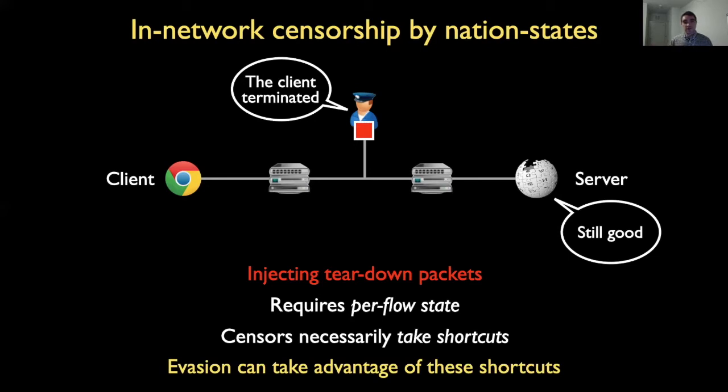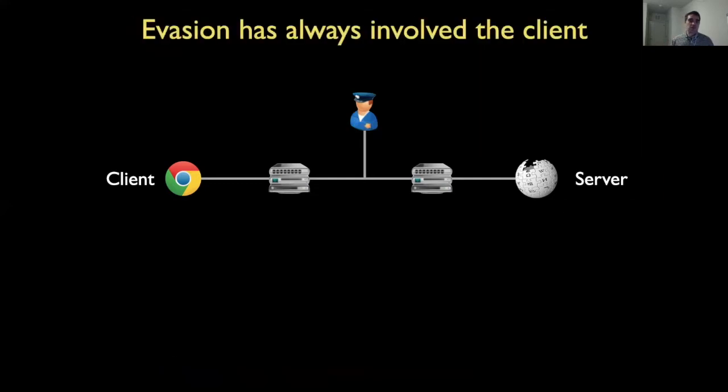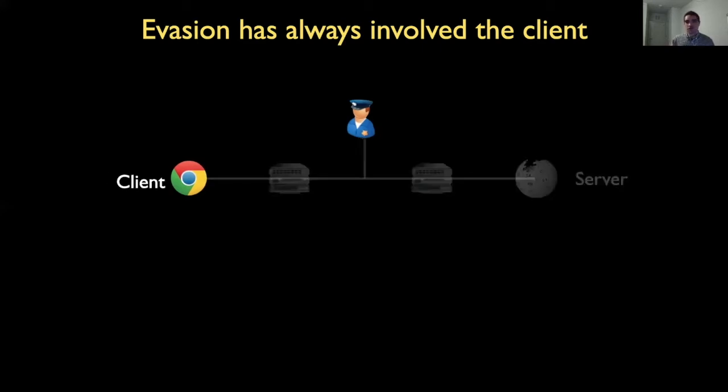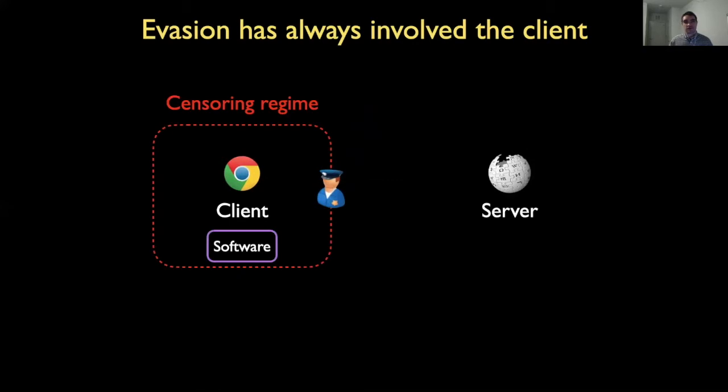Now, this is just one example of many that have been done in prior years. One thing that all of these techniques have in common is that evasion has always involved the client. Even censorship evasion techniques that do not rely on manipulating your packet stream specifically have this requirement. Tor, VPNs, proxies, they all require the client to do something. And usually that something involves installing some sort of software or configuration on their system.